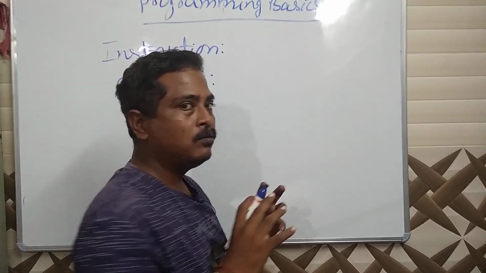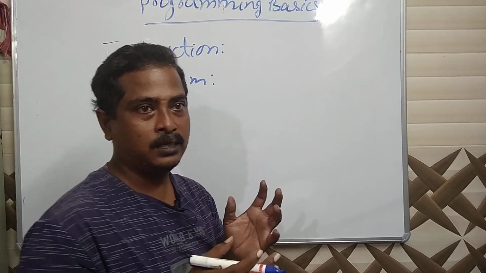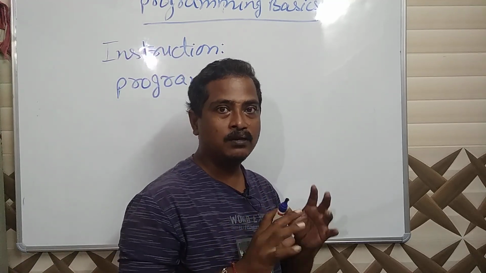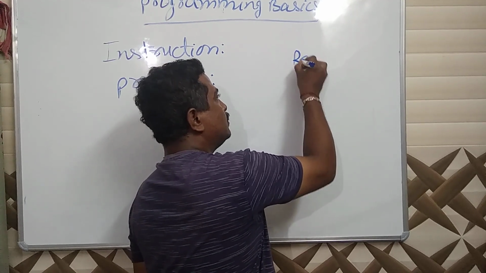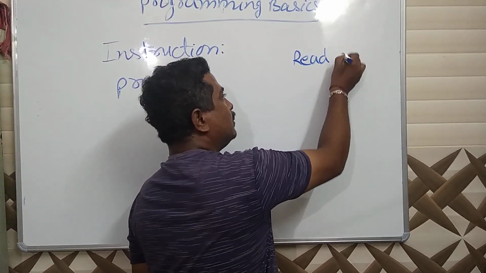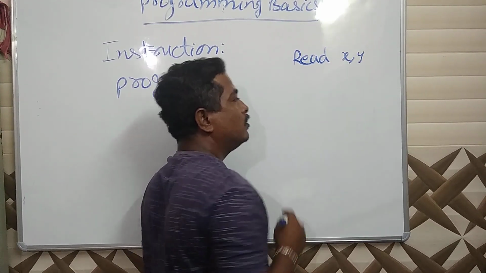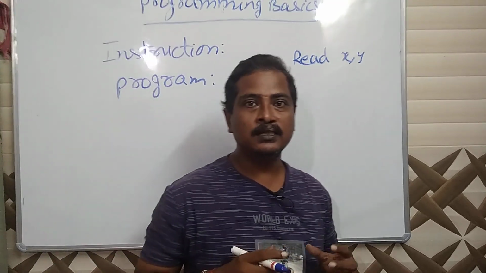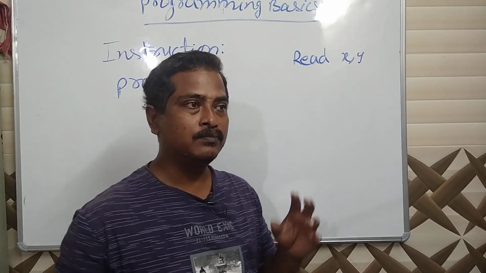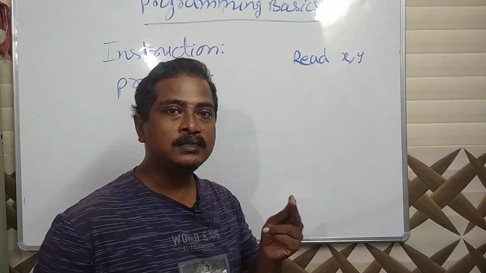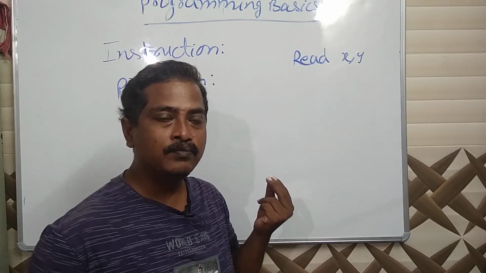I want to add two numbers, 10, 20, 30, 40, something. So the first instruction I have written is read x, y. What does it mean? It means take two inputs, two integers, and read them. Read means input.